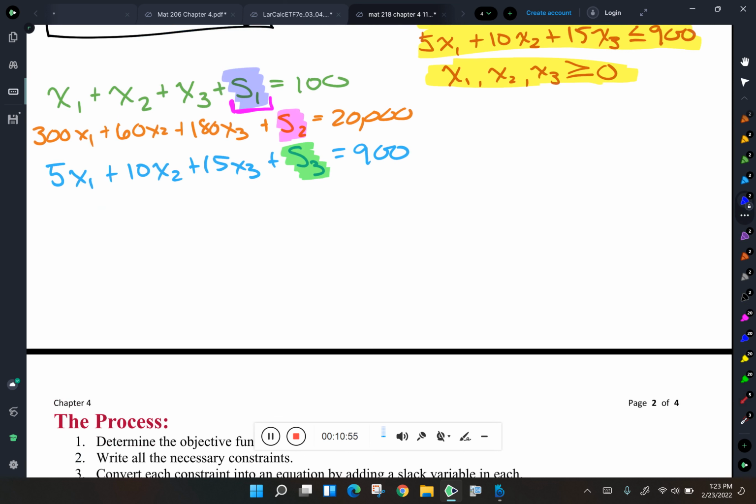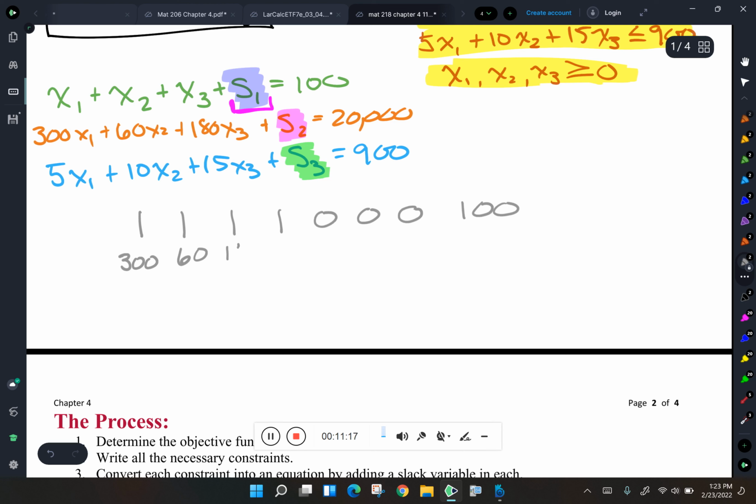The first row would be 1, 1, 1, 1, 0, 0, 0, and 100. The second row would be 300, and you can see that what I'm actually making here is a matrix.